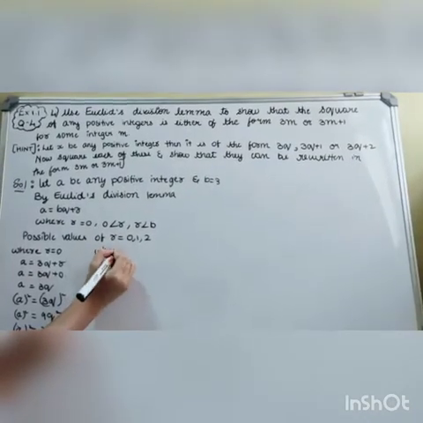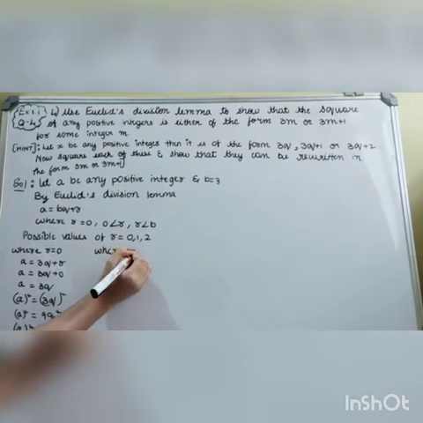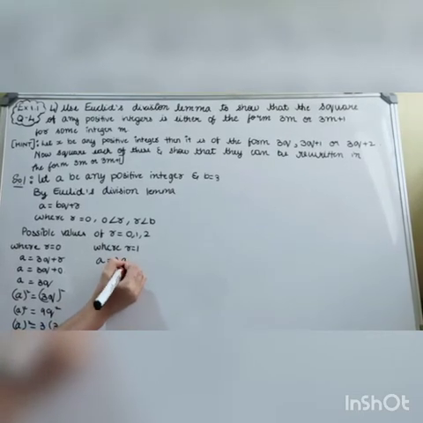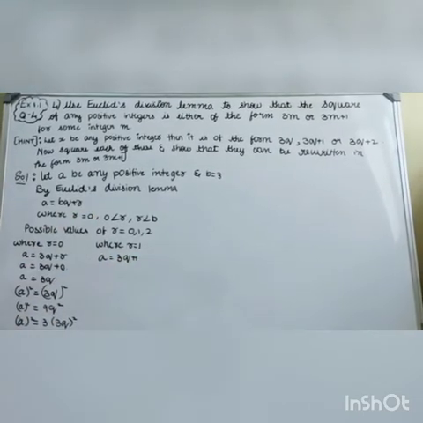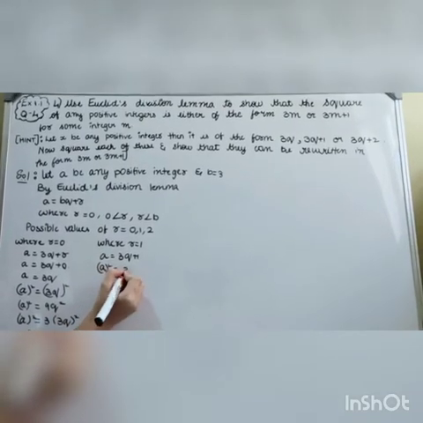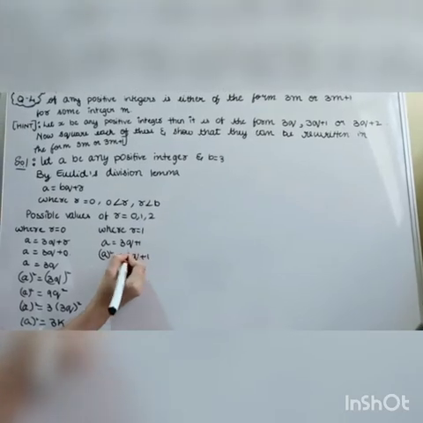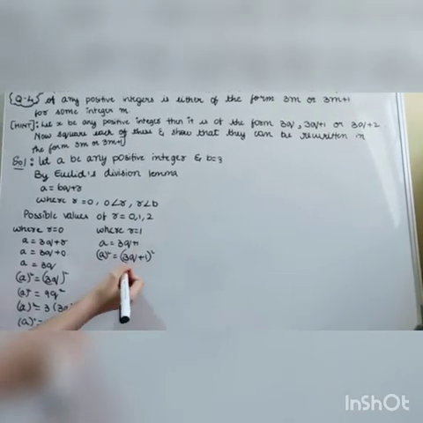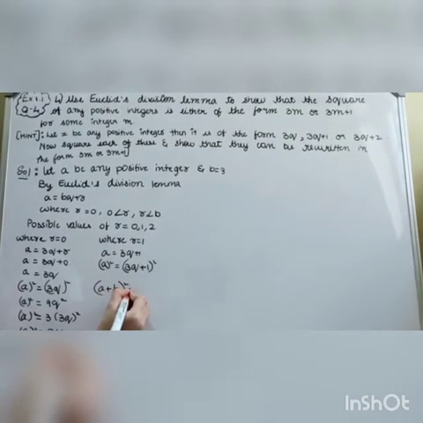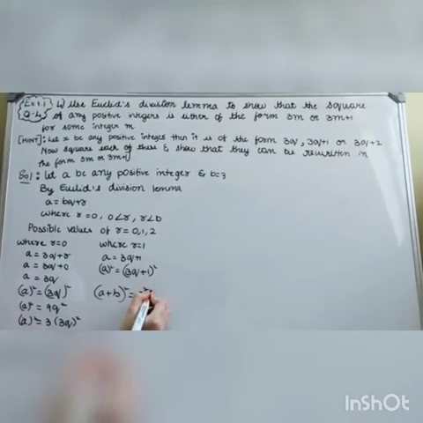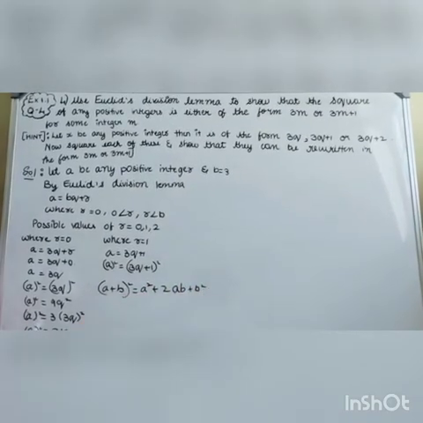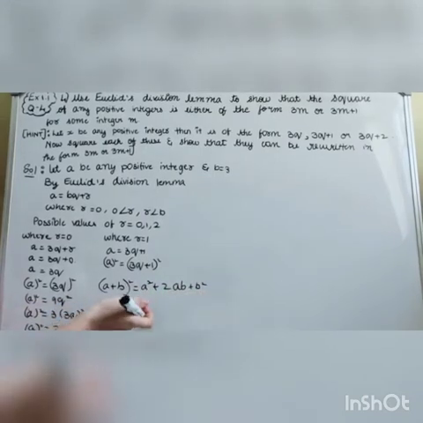We'll take r equal to 1. So a is equal to 3q plus 1. Now here we have to square this, so 3q plus 1 the whole square. Now this is in the form (a plus b) the whole square, which is a square plus 2ab plus b square. So now we'll use this formula.